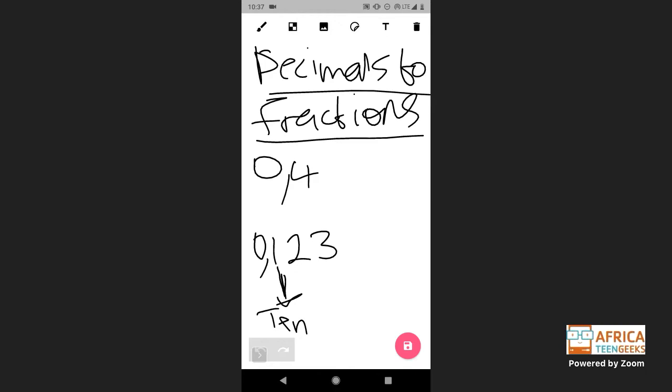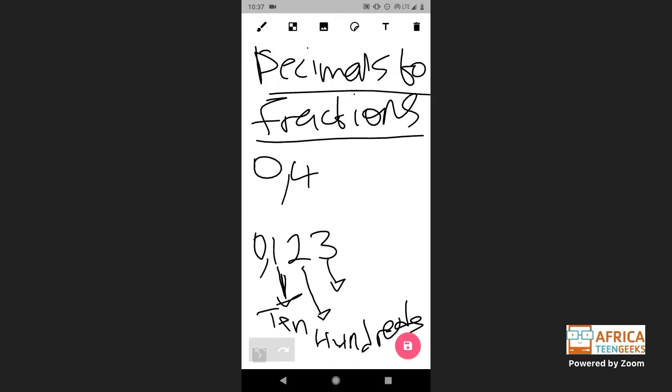You remember when you are doing your number line, you have your 10ths, your 100ths, your thousandths, your 10,000ths, your 100,000ths. So this is how you name your decimal numbers. And the second one right here will be our hundredths.